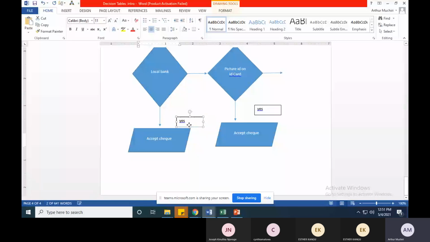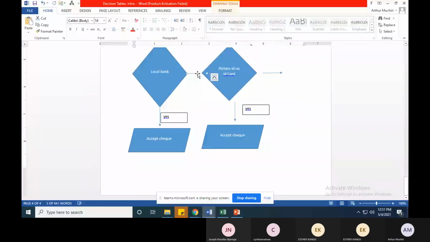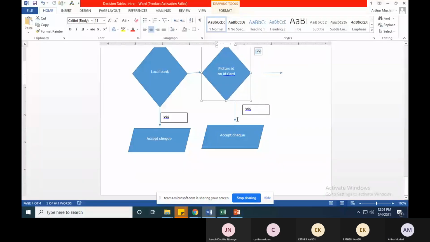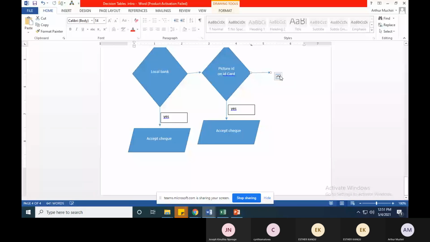So the output is the action. These output statements, the accept check is the action. Only that the space is not enough. So there it is.